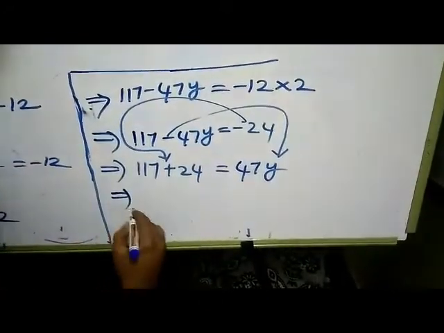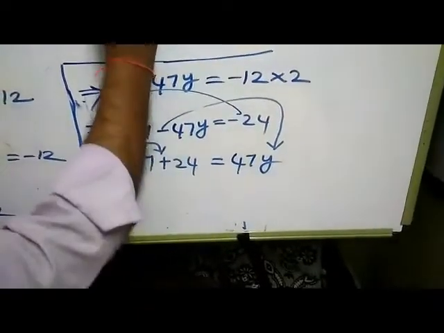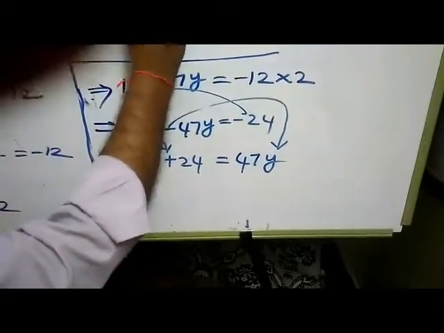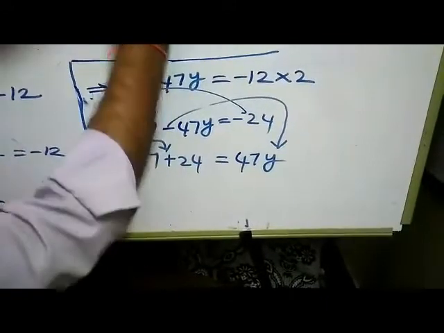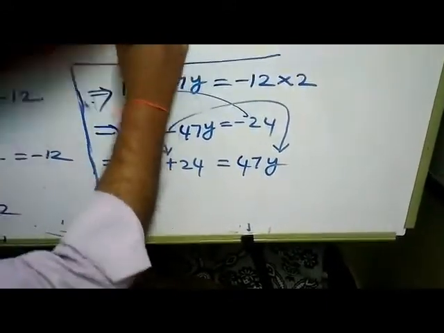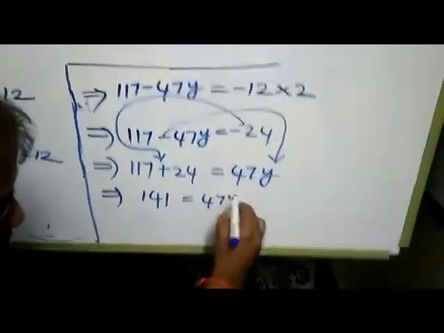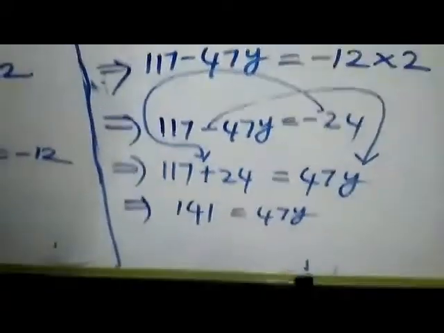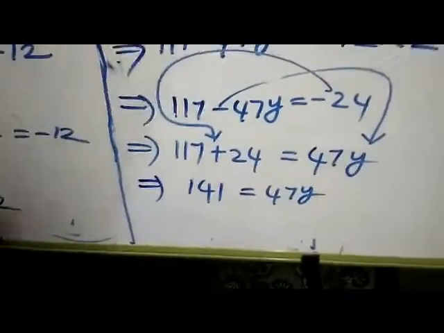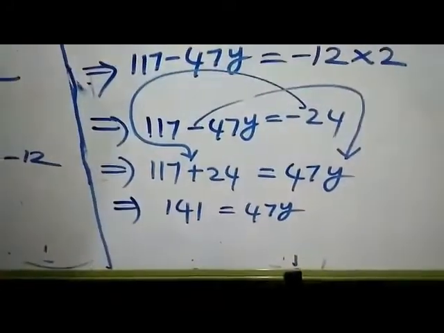That implies 117 plus 24, 141 is equal to 47y.